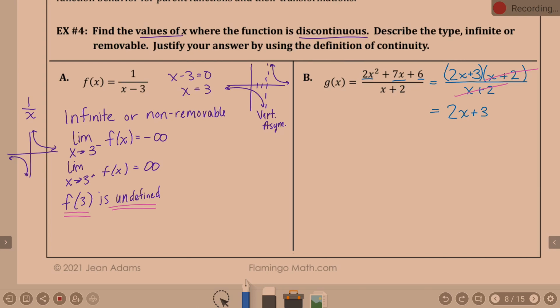So, with that in mind, let's see, you guys said it was a hole, which, infinite or removable, that means it's going to be removable. I'm not against us talking hole, just official vocab. We need to remember that it is removable.